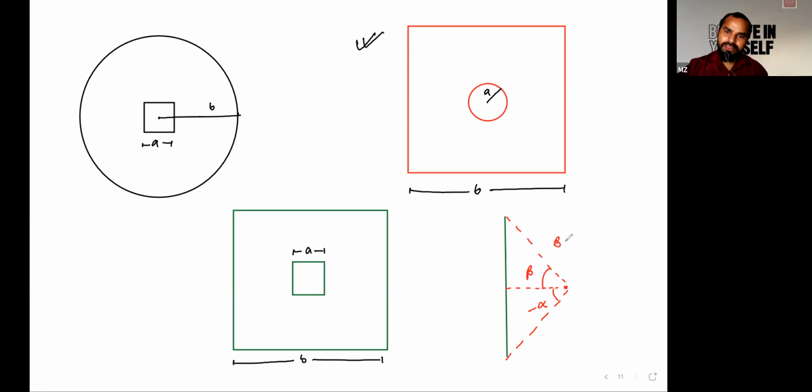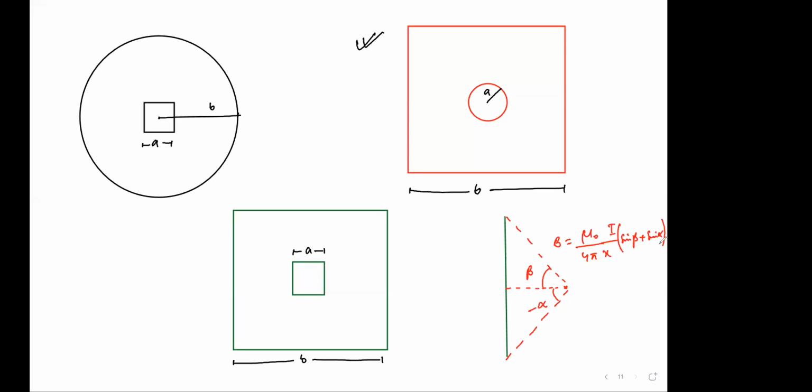So the magnetic field in this particular case would be mu naught over 4 pi times current over distance times sine beta plus sine alpha. Is it clear?